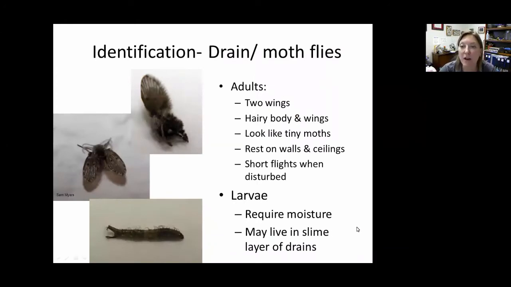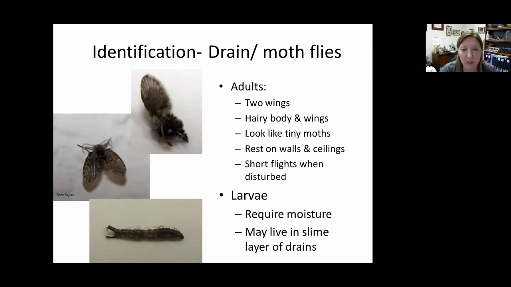Okay, so we're going to start off with drain flies, and these are my personal favorites. They're also called moth flies, and these are very cute in my opinion. Fuzzy little flies, a lot of people will mistake them for moths, which is how they get the name moth fly, but they will get the name drain fly because a lot of times that is where they will be coming from.